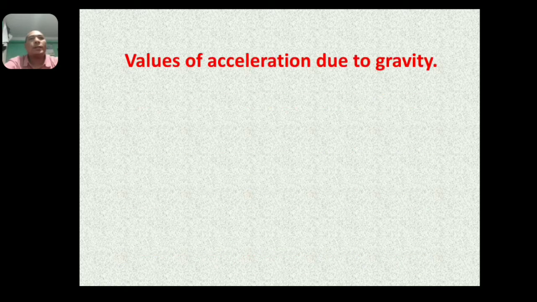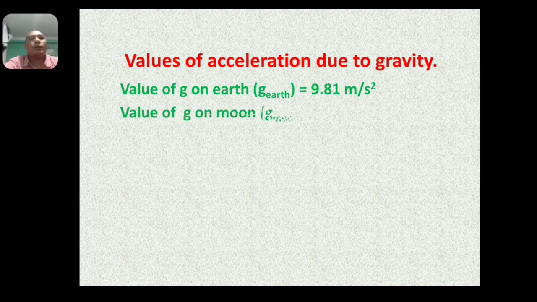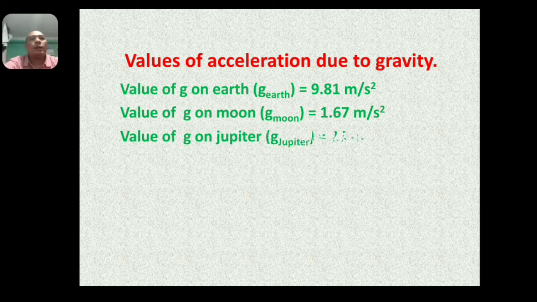Values of acceleration due to gravity. Value of g on Earth equals to 9.81 meter per second square. Value of g on Moon equals to 1.67 meter per second square.